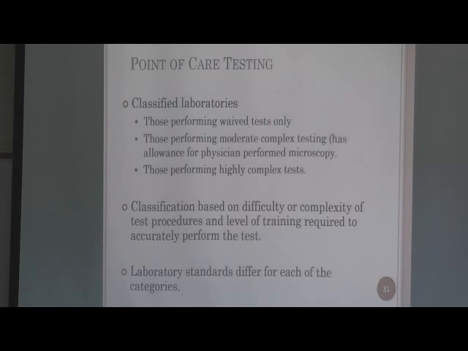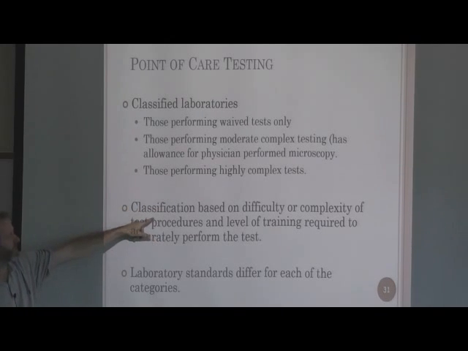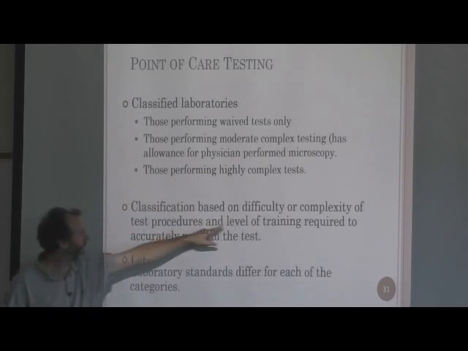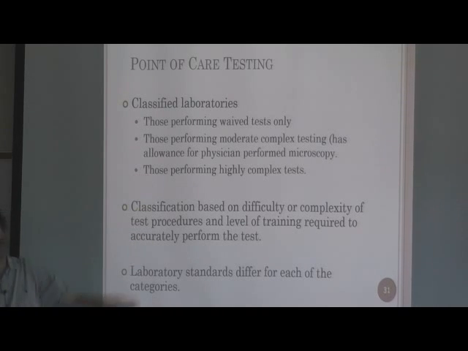Some of those would be moderate or complex tests, because you have to identify what cells are what, right? That takes thought and education on your part to identify different cell types, so that's not something that's going to be waived. That's a highly complex test. Classification is based on the difficulty or complexity of the test procedure and the level of training required to accurately perform the test. To identify the cells and count them is a complex test.